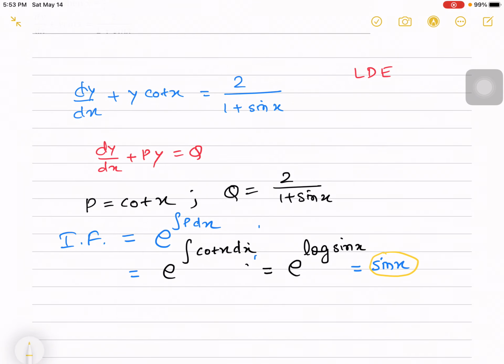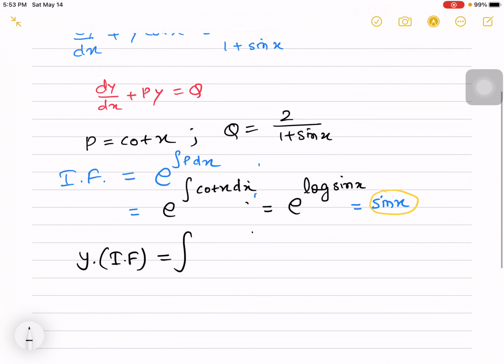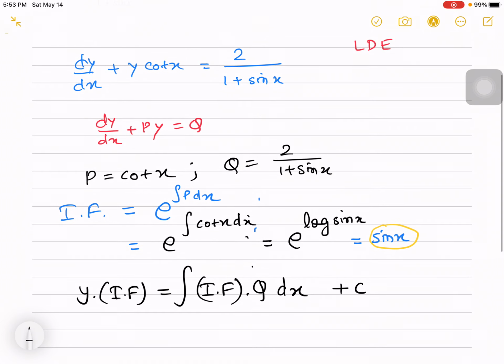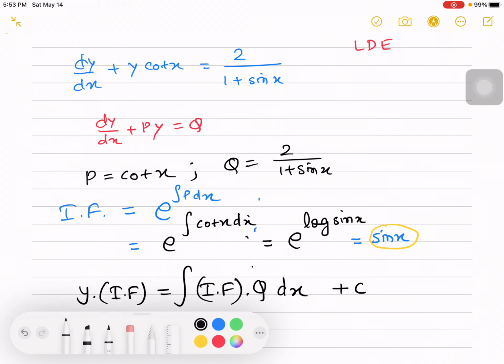After that we write the solution of the linear differential equation, which is written as y multiplied by the integrating factor is equal to integration of integrating factor multiplied by q into dx plus constant. This is the formula, and we use the values in place of all.